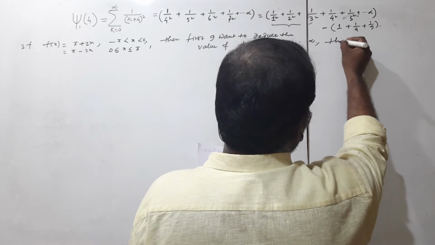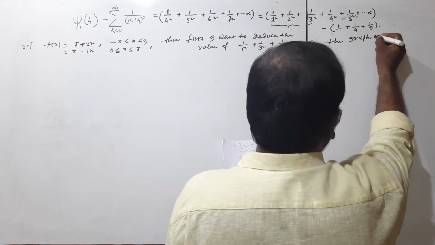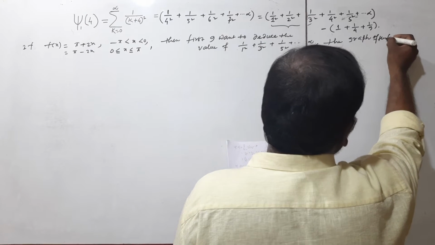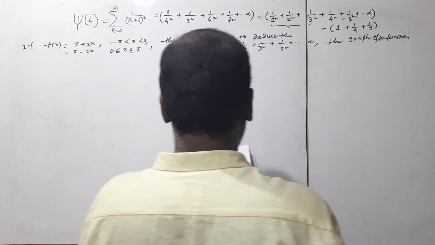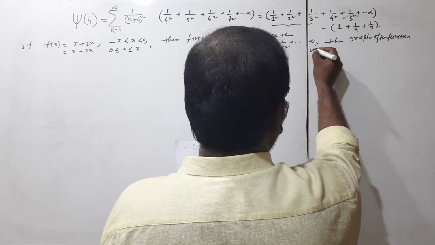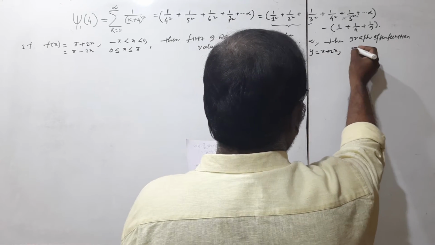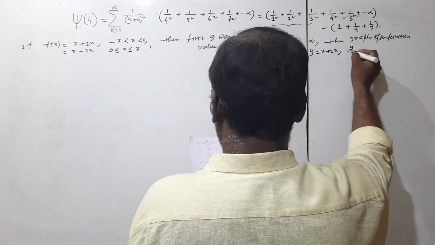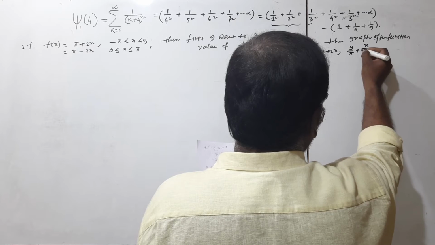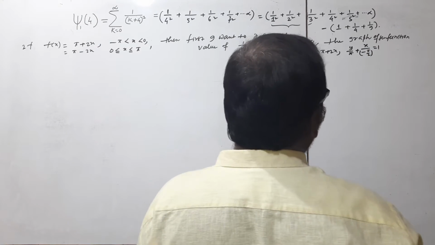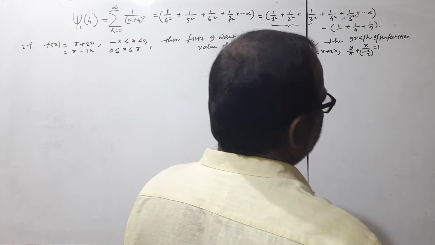So this is y equal to pi plus twice x, and this is y over pi plus x over minus pi by 2 equal to 1. If this is a line, you can easily express it in intercept form.